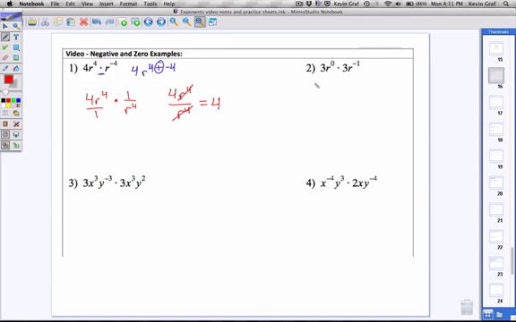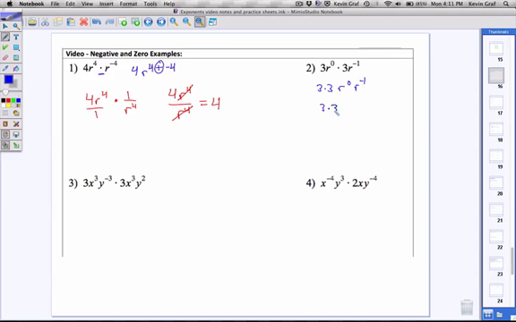In this next one, we've got a 3 and then an r to the 0, and then a 3 and an r to the negative 1. So we'll put the 3's together: we've got a 3 and a 3, and then an r to the 0 and an r to the negative 1. R to the 0 is really just 1, because anything to the 0 is just 1.